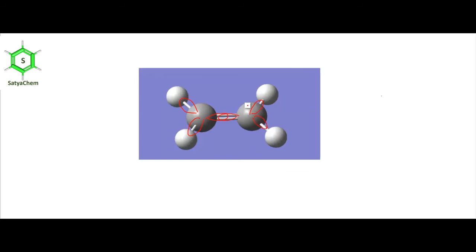These reds are sp2 hybridized orbitals, and the green circles indicate the 1s of hydrogen. And the pink one is the 2pz or unhybridized orbital.